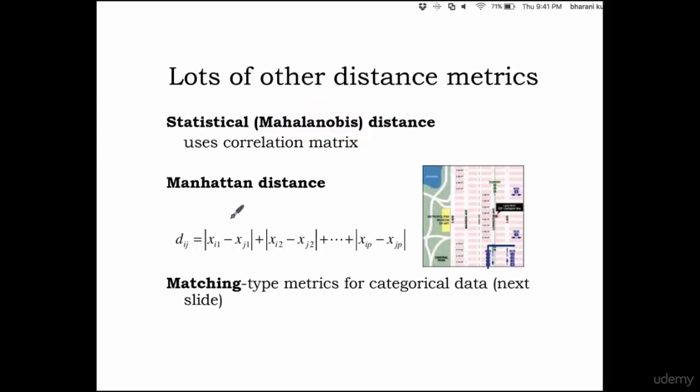We also can calculate the distance using Manhattan distance. Manhattan, that's a location, right? That's a geographical location where all the houses are neatly structured. It's a well-planned city, so based on that comes this formula of distance.